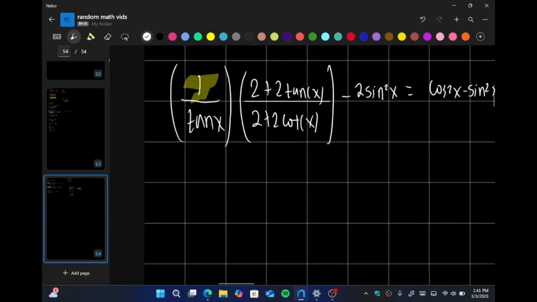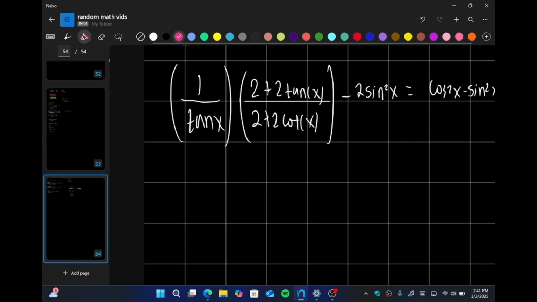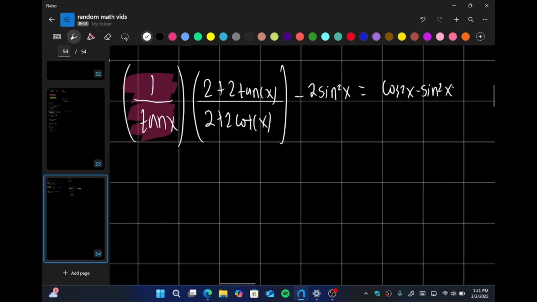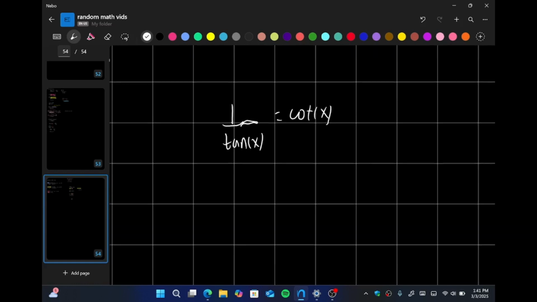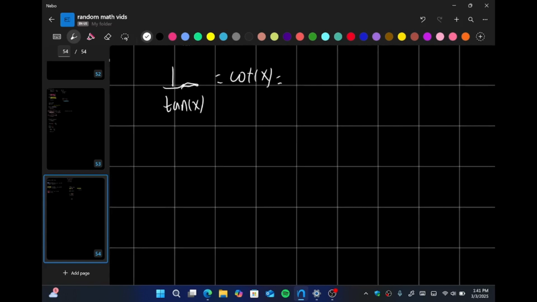But now we're going to look at this part here. If you remember from your reciprocal identities, that was equal to cotangent x. So sometimes you're going to have to use your reciprocal identities. I don't think it really matters, but this is cotangent x, which is equal to cosine x over sine x.